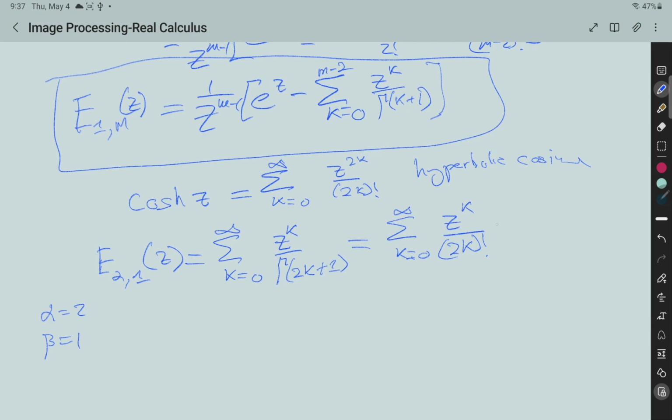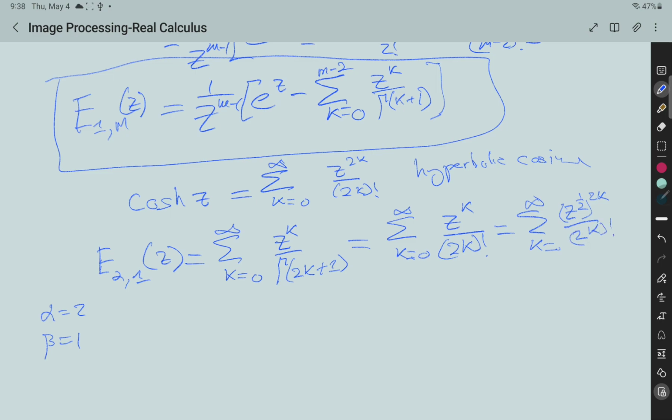So what I could do is rewrite this as k going from 0 to infinity, z to the 1/2. In other words, take the square root, and then take the square of that. Now I have z to the 1/2 raised to the power 2k, divided by 2k factorial.